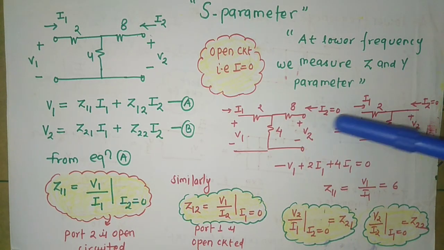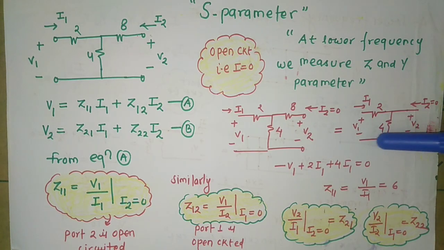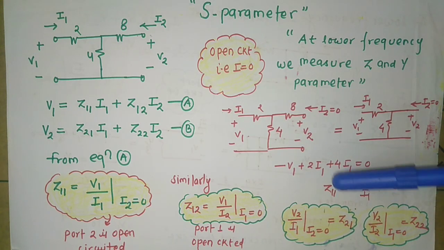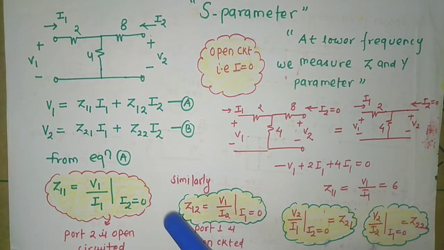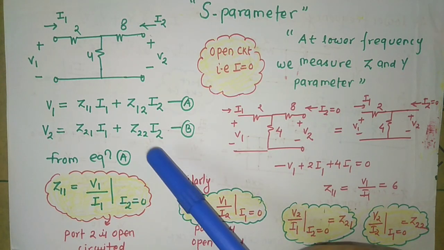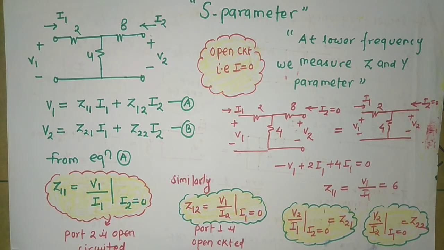So this network can be modified in this form, and here I can apply KVL, and with the help of KVL I can calculate the value of Z11, which is the ratio of V1 over I1, but with the condition that I2 must be 0. Overall, we can observe that if I want to calculate the value of a Z parameter, then I have to create an open circuit.